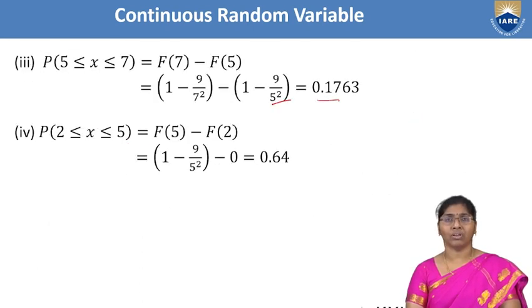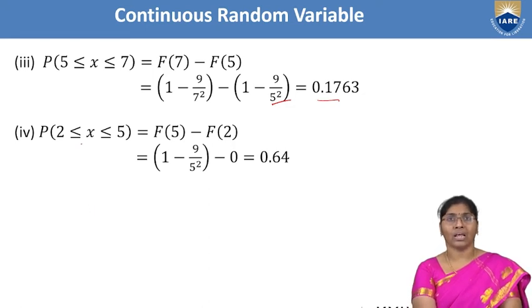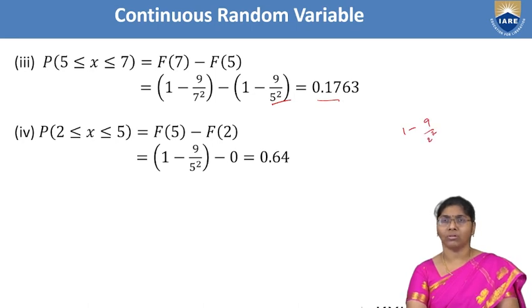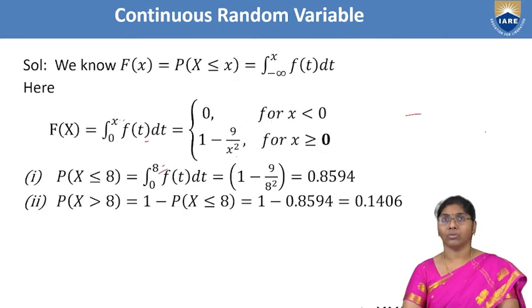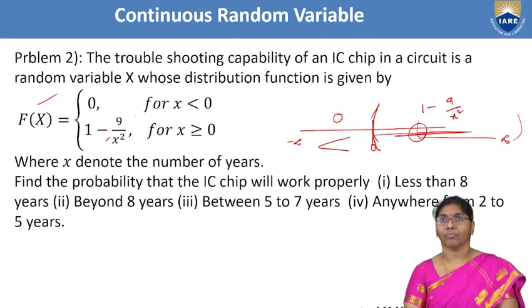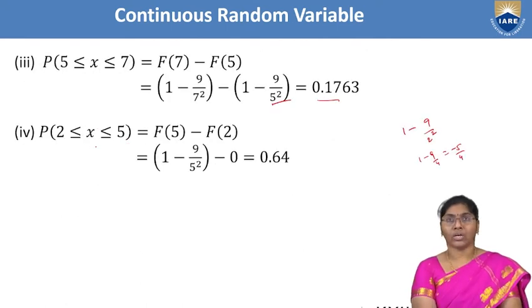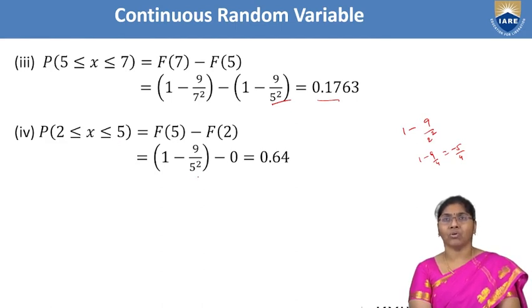The arrangement is the same: P of 2 less than or equal to x less than or equal to 5 means F of 5 minus F of 2. That is 1 minus 9 by 5 square minus F of 2, which is 1 minus 9 by 2 square. 2 square is 4, so 1 minus 9 by 4, which is minus 5 by 4. We arrange with x equal to 5 and x equal to 2. The final answer is 0.64.